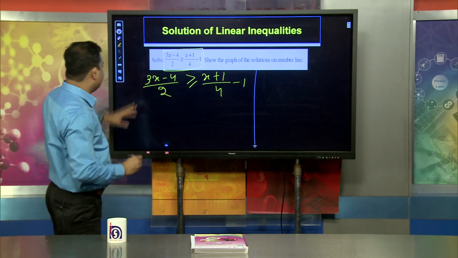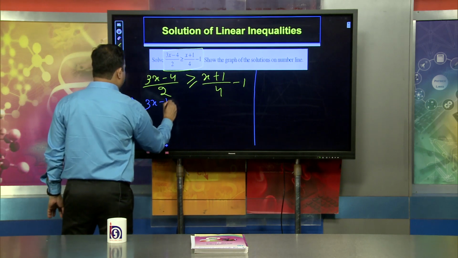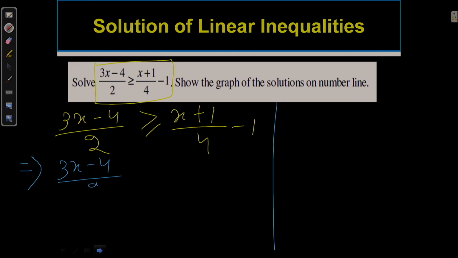I can write 3x minus 4 by 2 greater than or equal to, taking the LCM on the right side, (x plus 1 minus 4) by 4.